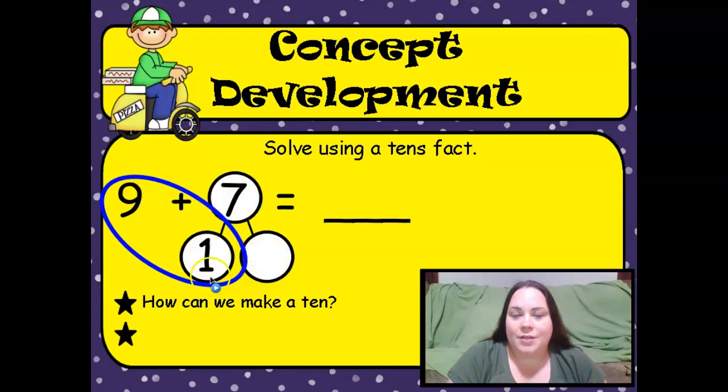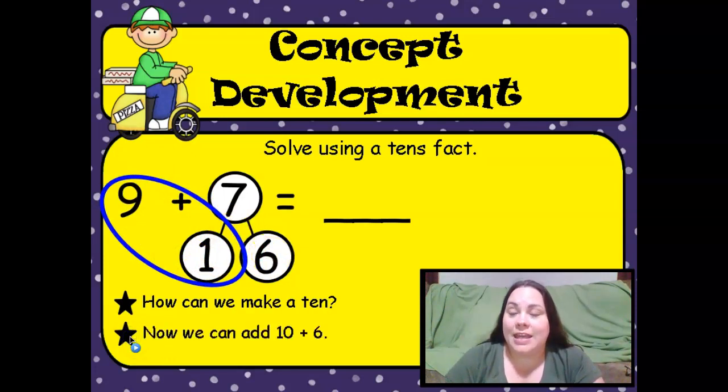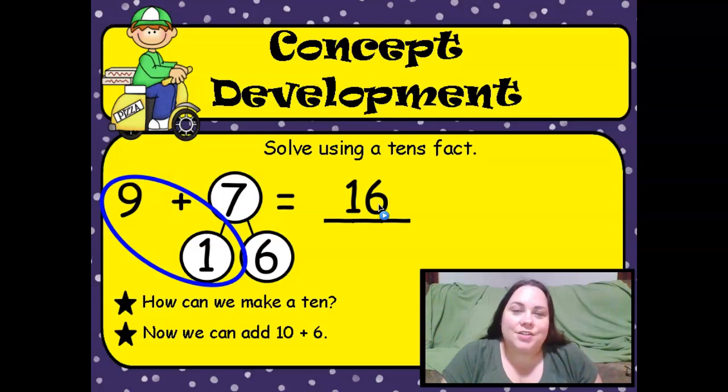So what is left? 1 plus what would equal 7? 6. Very good. So I now have my 10 plus 6 equals 16. It's a little easier to solve a problem when you can make a 10.